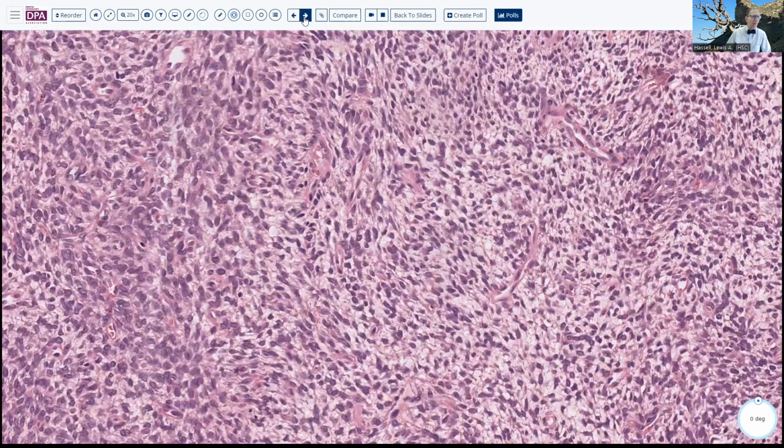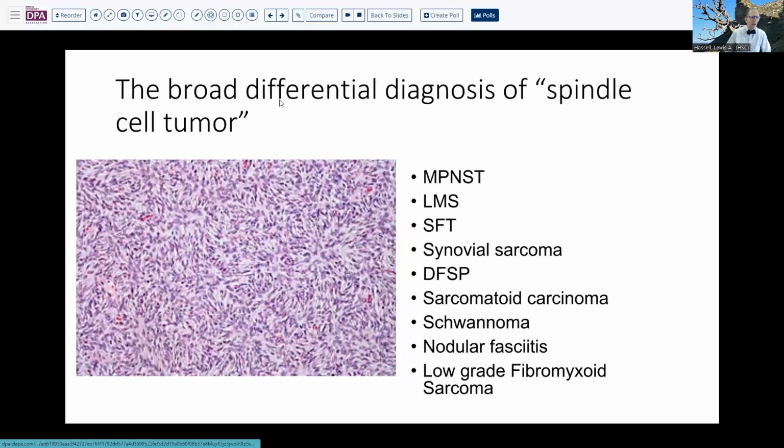So when we think about spindle cell lesions that have this relatively monotonous appearance, we're thinking about sarcomas as a possibility, but there may be other things that enter into the differential considerations.